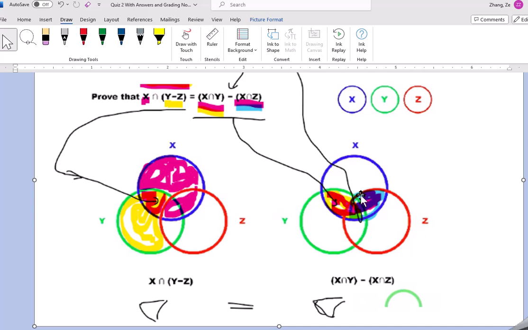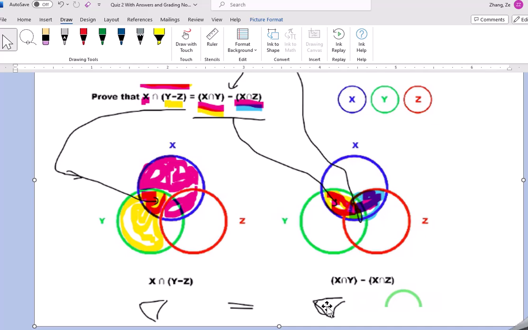We want to subtract that. So when we take away that part, we end up with this shape. So even though we go through different paths, we end up with the same area. So that's the proof that they are the same.